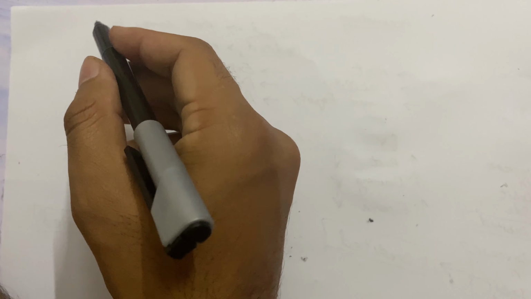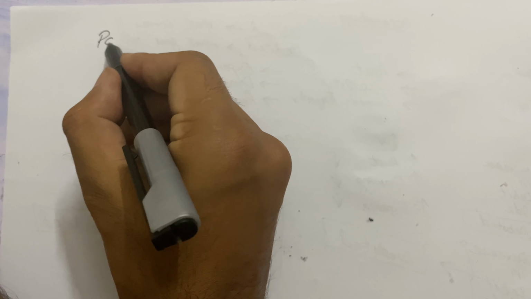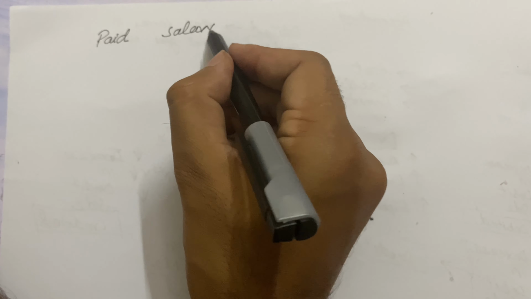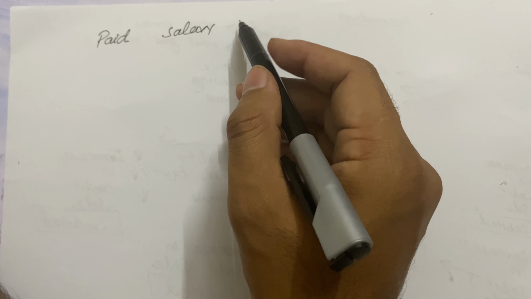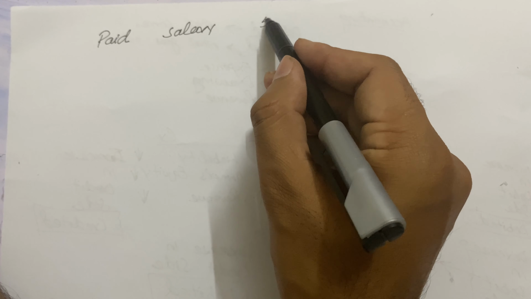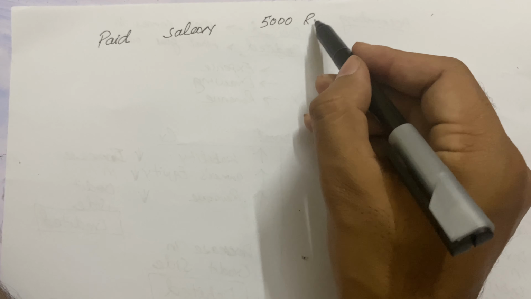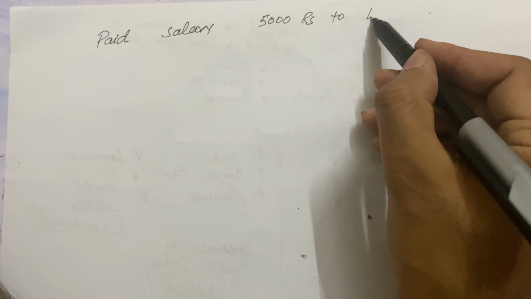Now we will see a few more examples just to make sure that the logic we have written before is authentic. Here, paid salary 5,000 rupees to laborers.